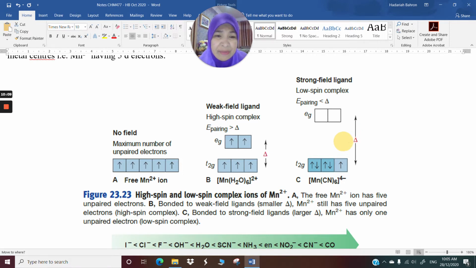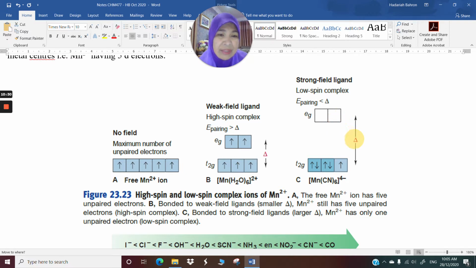So when you have 5 electrons to arrange, the first electron is single, the second is single, the third is single. Now the fourth electron has a choice whether it can go up here.